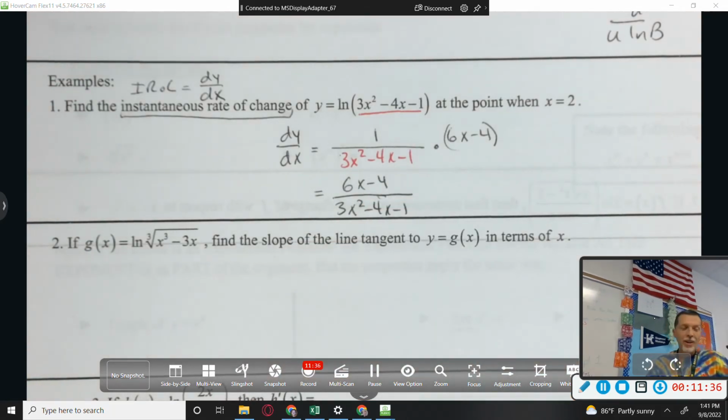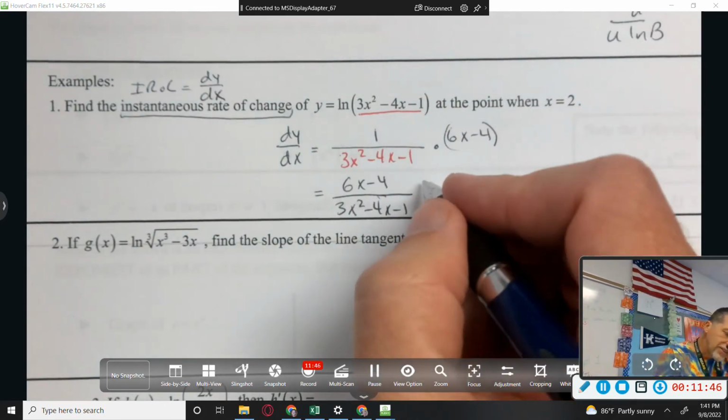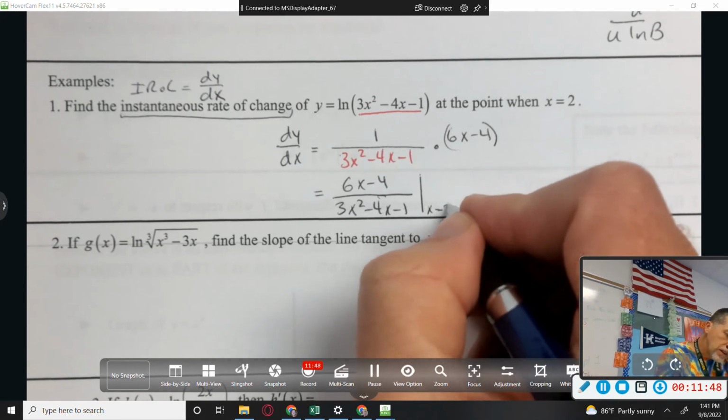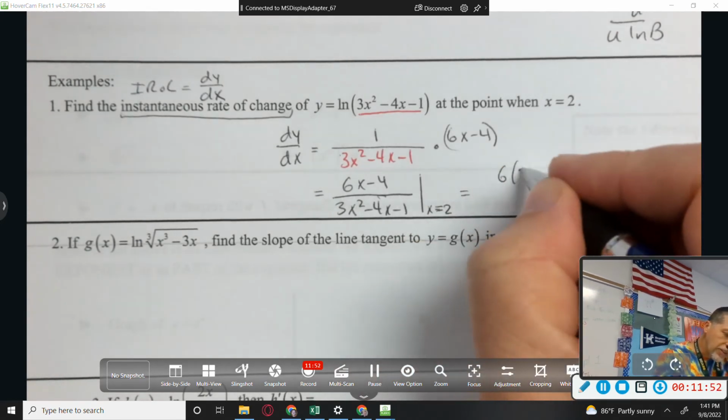And that's how a lot of people memorize it. But I don't know. I lose sight of the chain rule if I write it that way. And then we want to evaluate that when x is 2. So just plug in 2. In fact, here's a good safe stop coming.